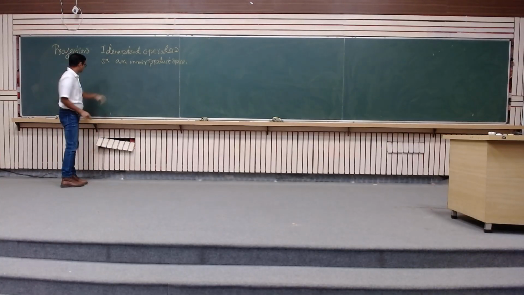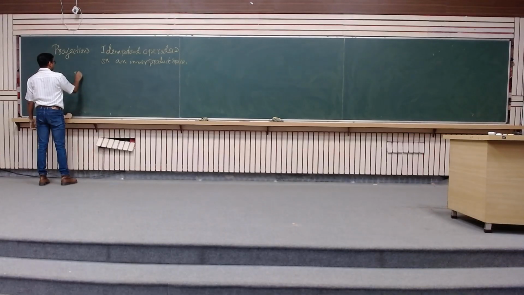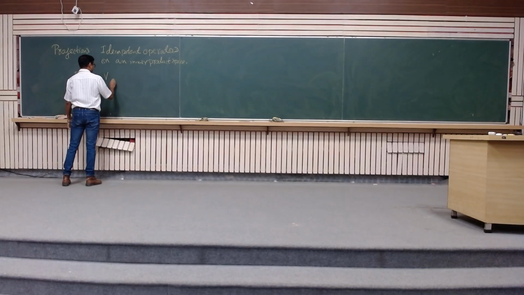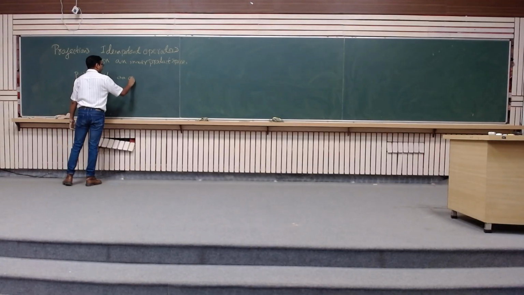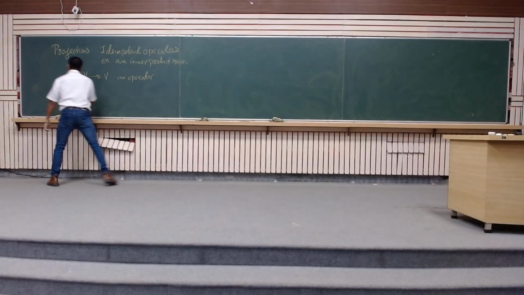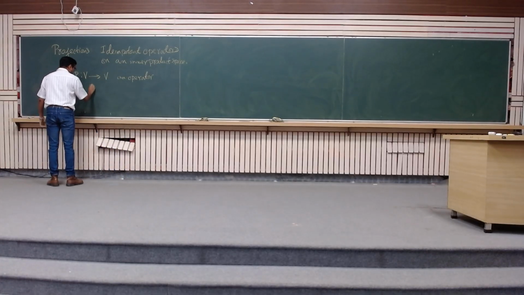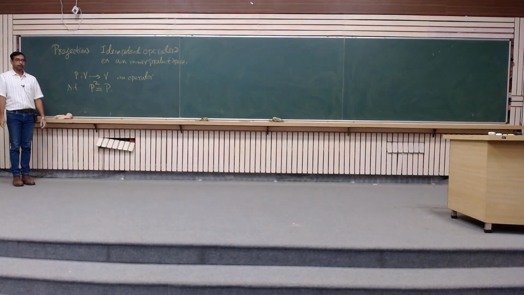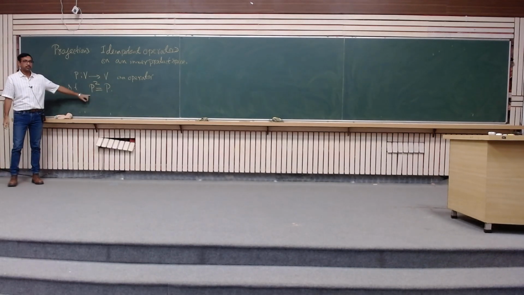So this means that P from V to V is an operator such that P squared is equal to P. Okay. And you did at least two problems on such a thing.